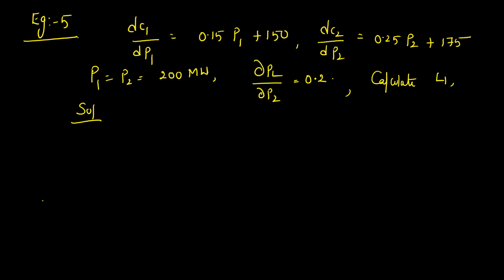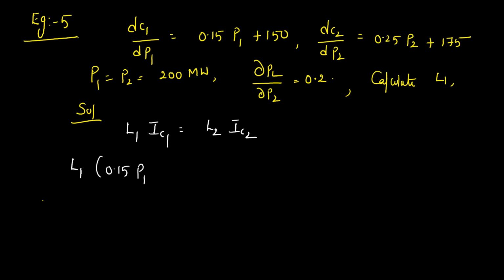So the condition that we have to use is L1 IC1 is equal to L2 IC2. When the two generators are optimally generating, the product of penalty factor and incremental cost would be the same. So L1 IC1 will be equal to L2 IC2. Here I don't know the L1 value, but what is the incremental cost of the first generator?